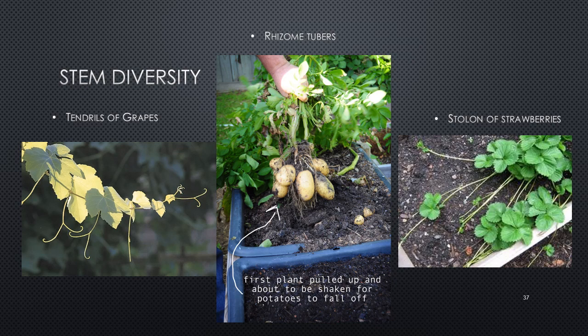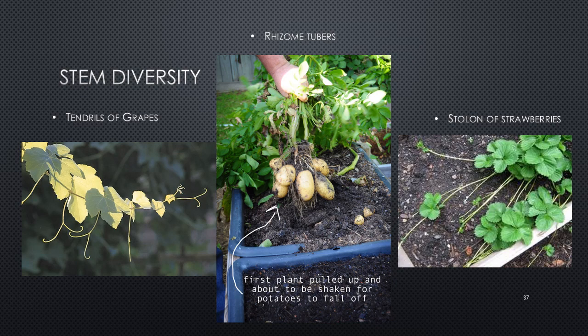The second is a rhizome tuber. So a rhizome, if you remember, is an underground stem. So white potatoes are actually tubers that form in those rhizomes. And so that's just the opposite of a sweet potato that is a root storage tuber. White potatoes are actually stem tubers.